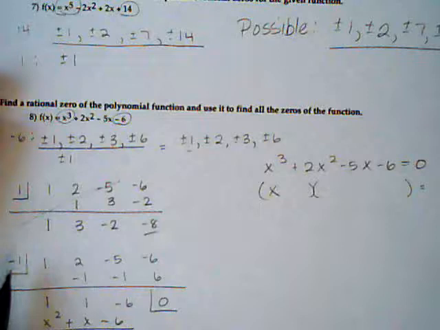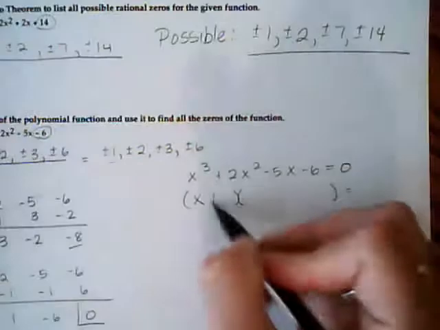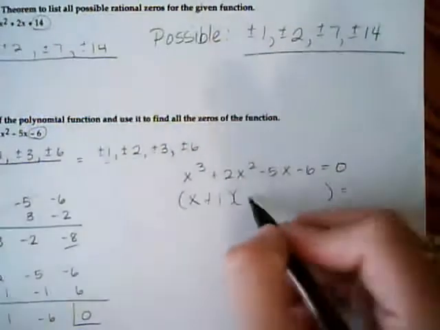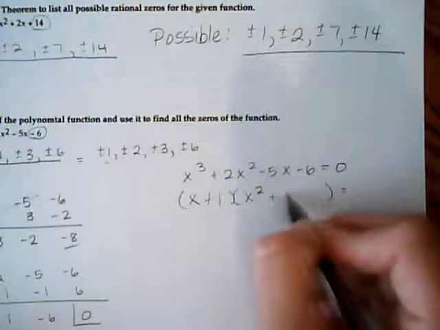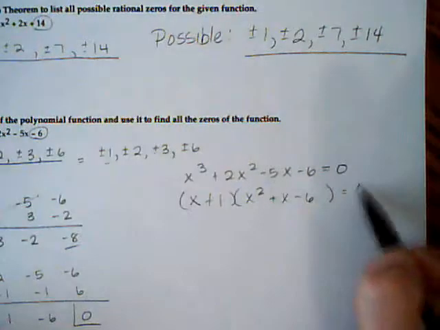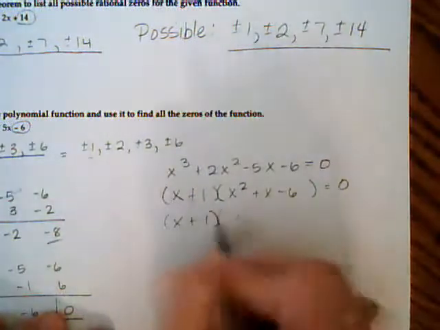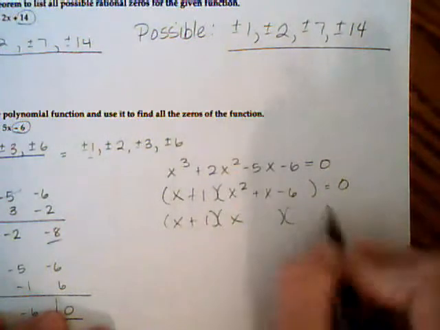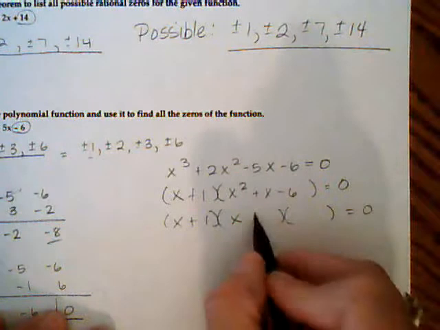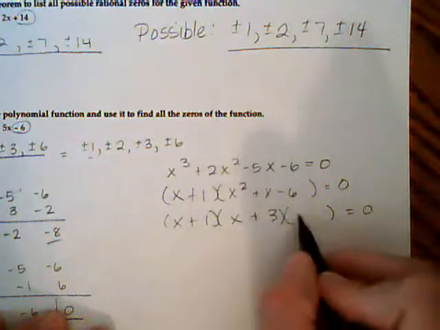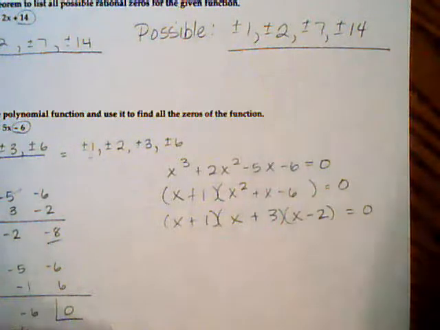So this is actually going to be x plus 1 and x squared plus x minus 6. And so now I can factor. This is going to factor as x plus 3 and x minus 2.